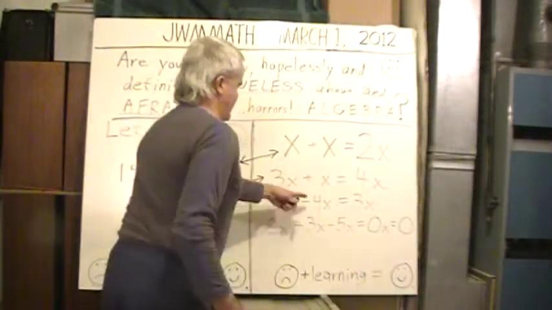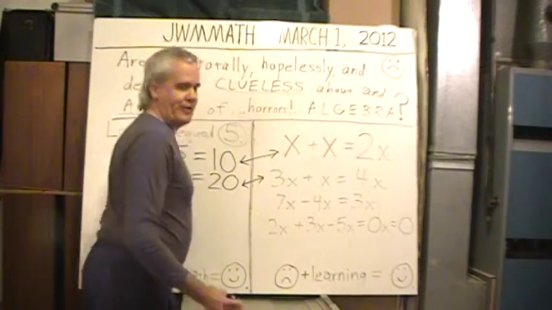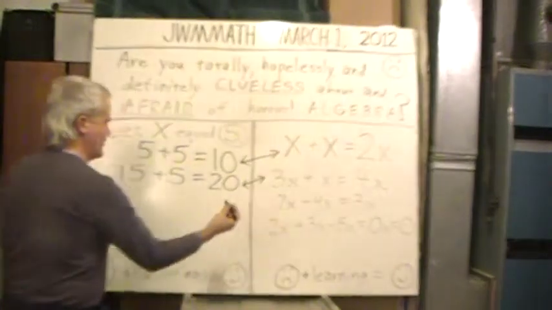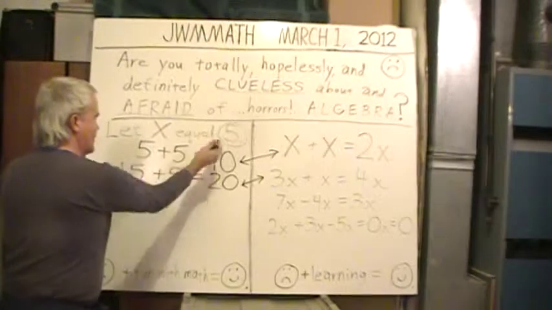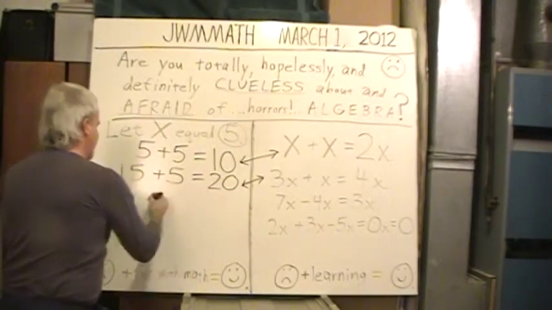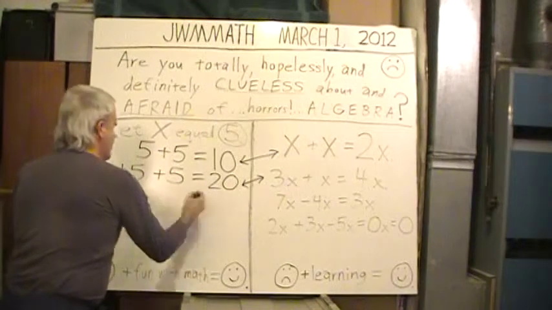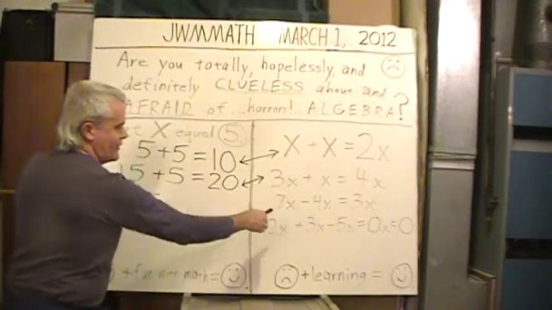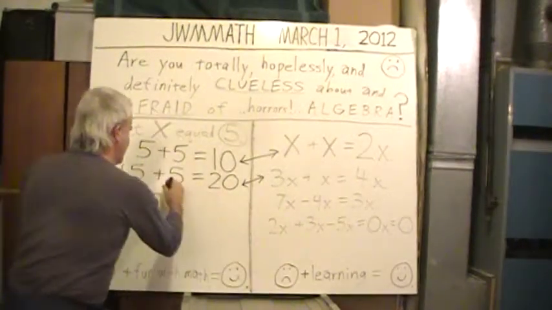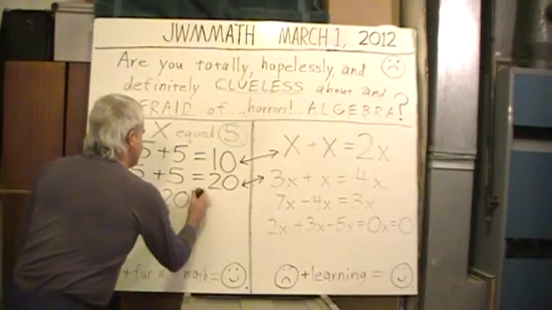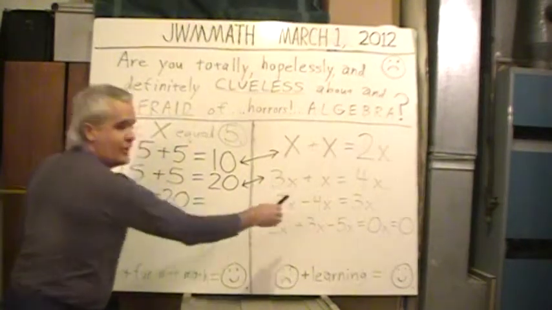A subtraction example. 7x minus 4x equals 3x. So I'm going to use our 5 again. 7 times 5, times tables, is 35. Take away 4x. x is 5. 4 times 5 is 20. And equals 3x.